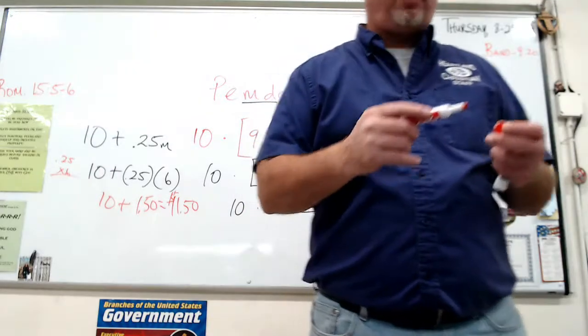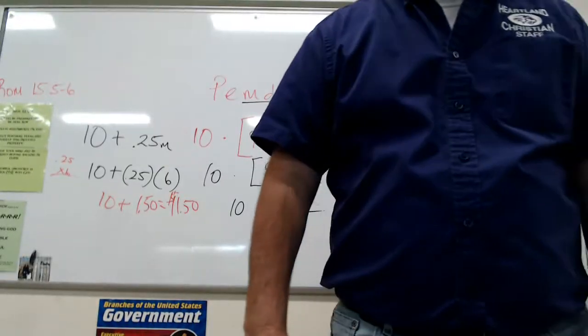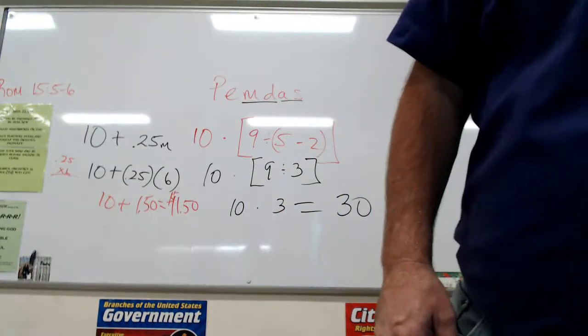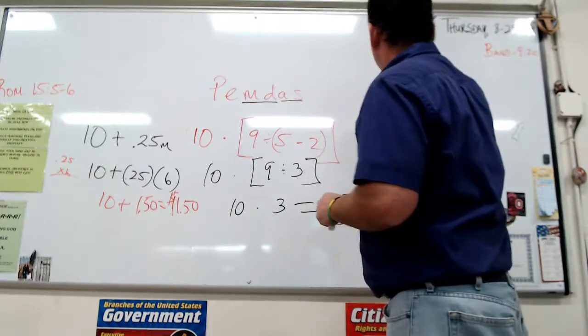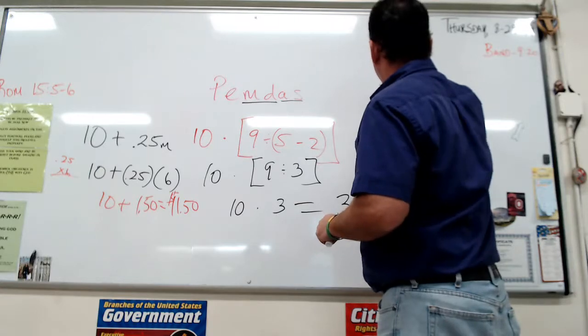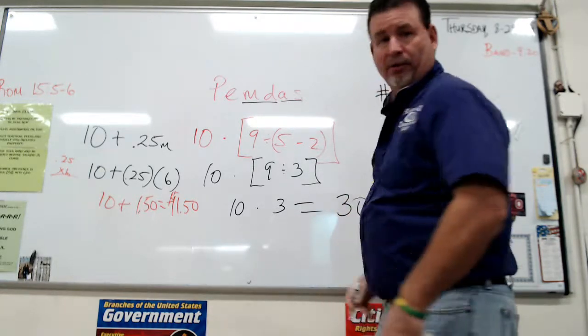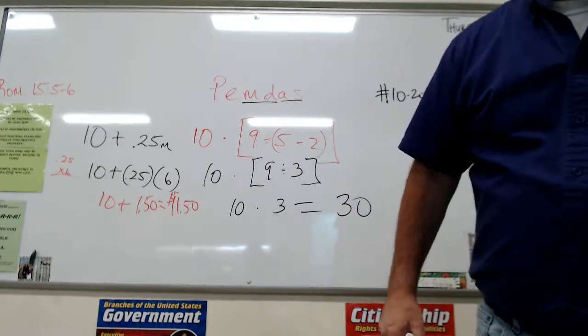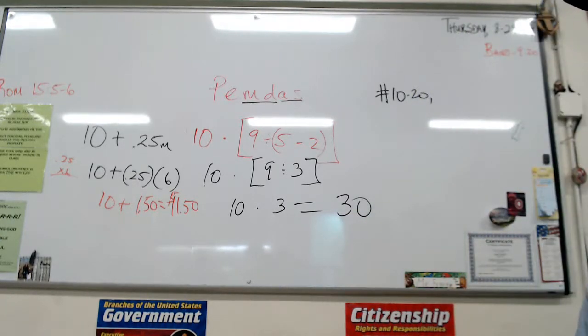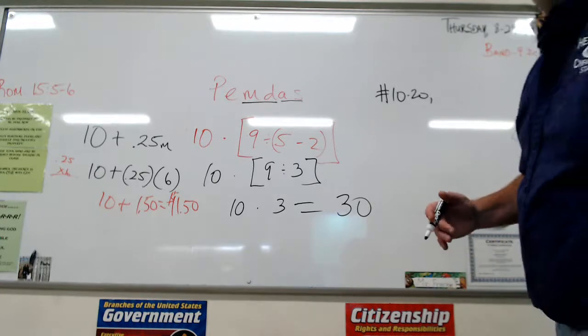You guys done listening to me? You want to get to work so you get most of your homework done? All right, you're doing 10 through 20. Then you're doing 21 and 29 through 31.